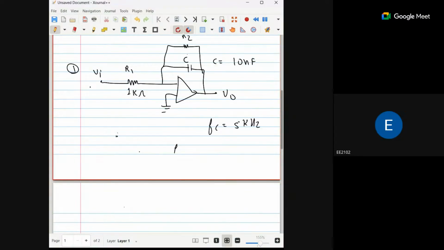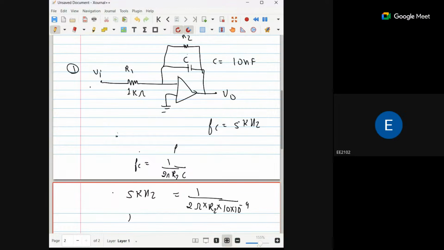So the formula of FC is 1 upon 2 pi R2 C. FC is given 5 kilohertz. 5 kilohertz is equal to 1 upon 2 pi R2, which we have to find, and C is 10 nanofarad, so 10 into 10 to the power minus 9.